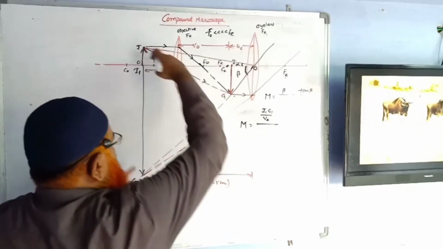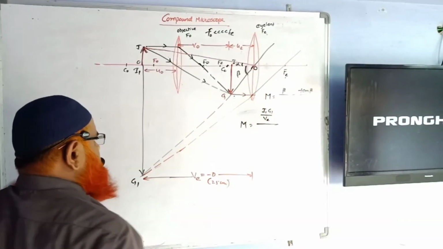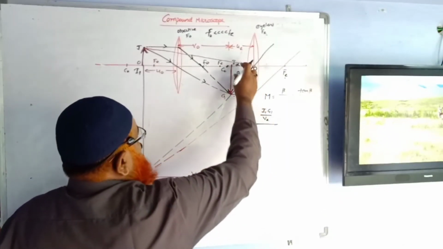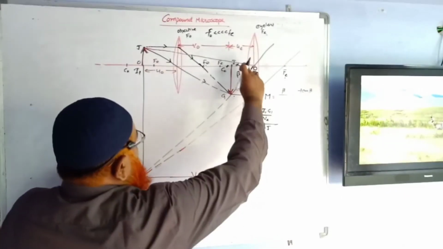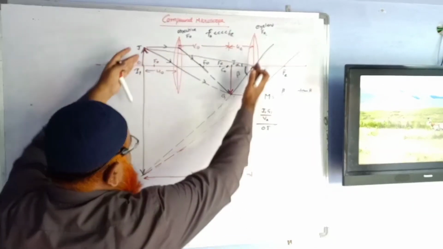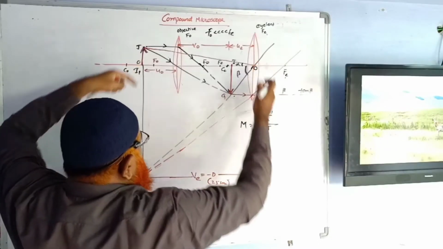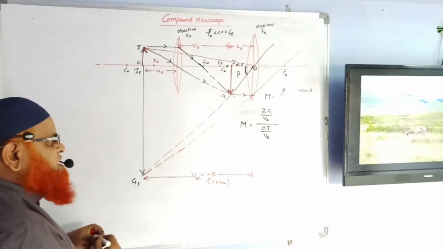Next, tan alpha: the opposite side is going to be OJ, and the adjacent side is the same, because the object and image finally lie in the same place. So this can be considered as VE.